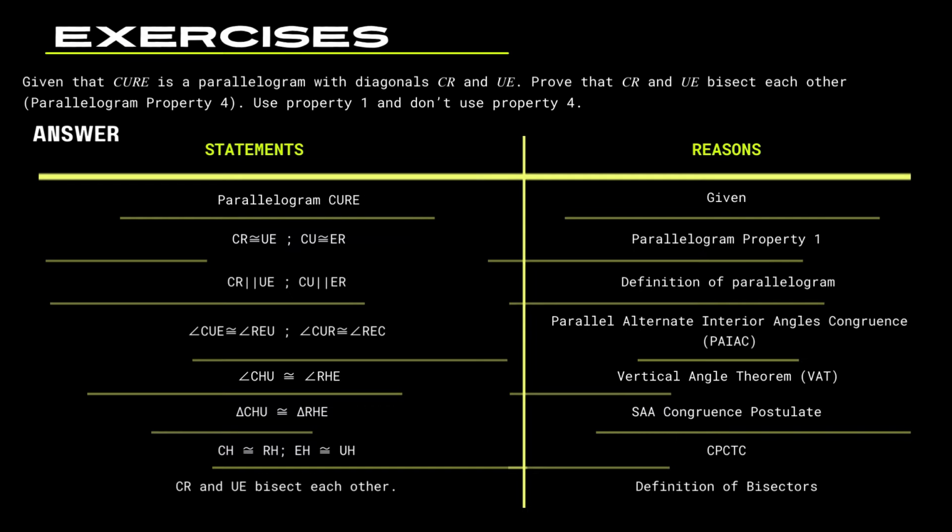Then for statement 7, I got CH is congruent to RH and EH is congruent to UH, which fits CPCTC. And next, to finally wrap it up, I got CR and UE bisect each other as the definition of bisectors.